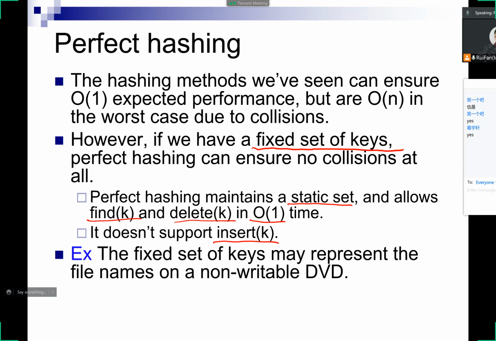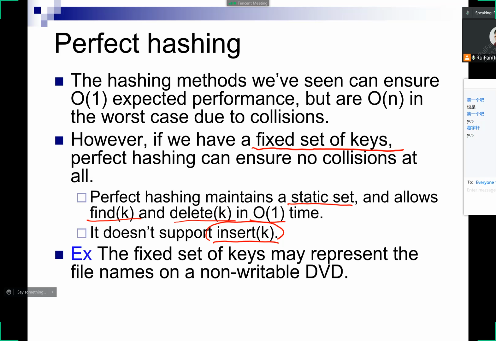Okay, so where might this be useful? This is a big restriction, that you can't add more keys, but it can still be useful in some cases. For example, we have certain types of media which are not rewritable, so you cannot write more things onto them. If you get a Blu-ray disc, then you cannot write more data onto it once you've written it.